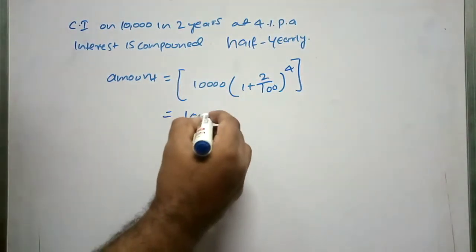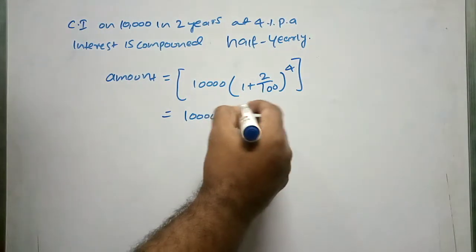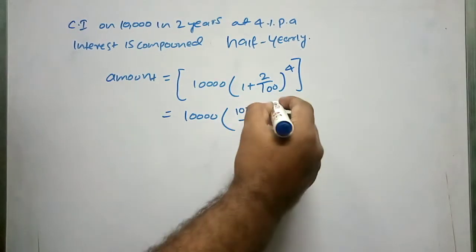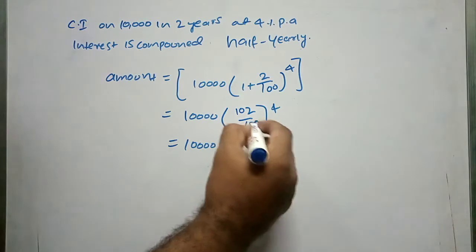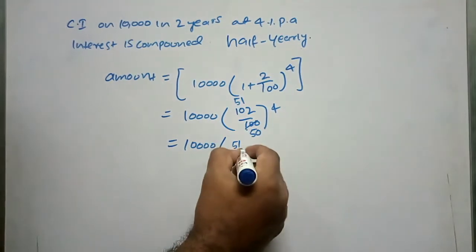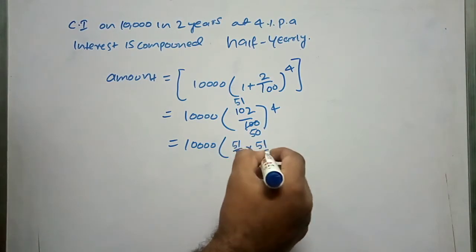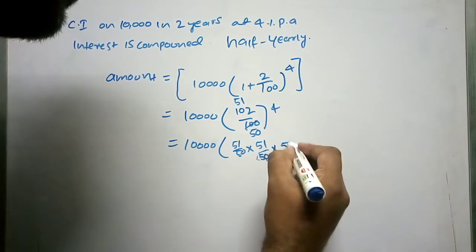Then 10,000, then 100 plus 2, 102 divided by 100, all to the power 4. So this is 2 times 50, 2 times 51, so 51 by 50, 51 by 50. So you have to write like this.